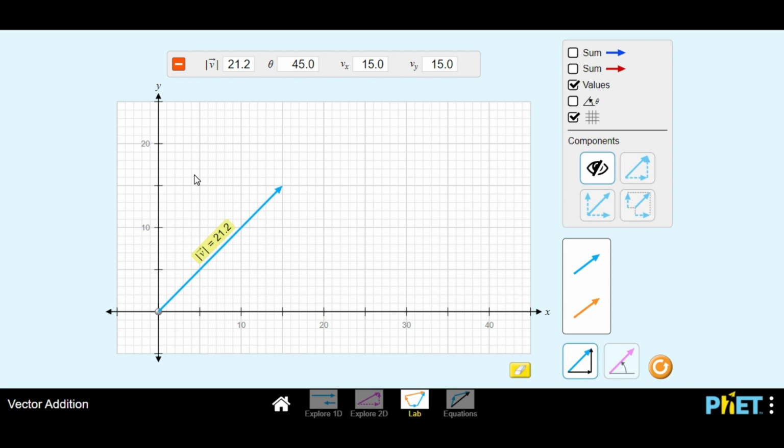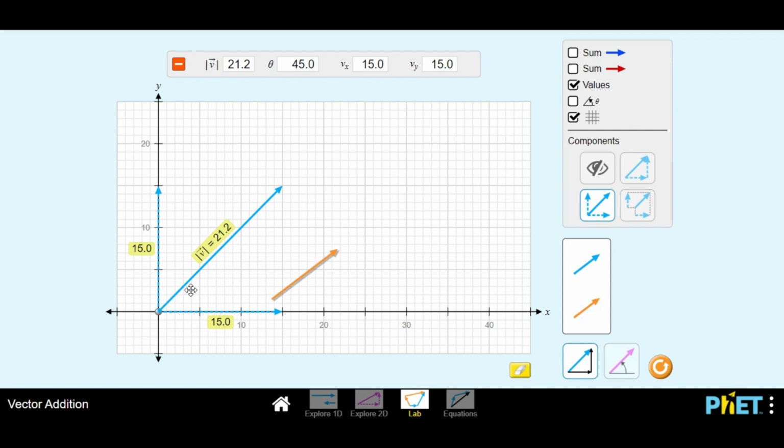In this simulation, to show it you can simply click this one. You see, this is the vector component in the y-axis and x-axis: 15 and 15. This vector component can be used when we are going to find the resultant of some forces. Let me show you here.